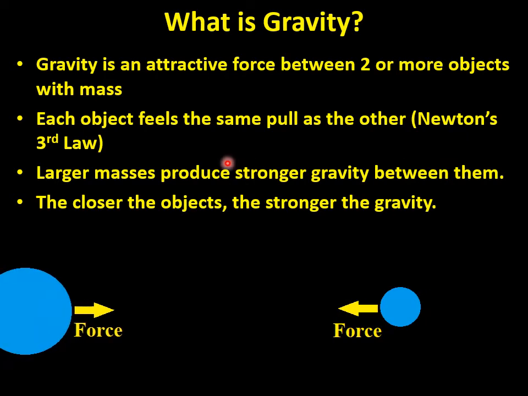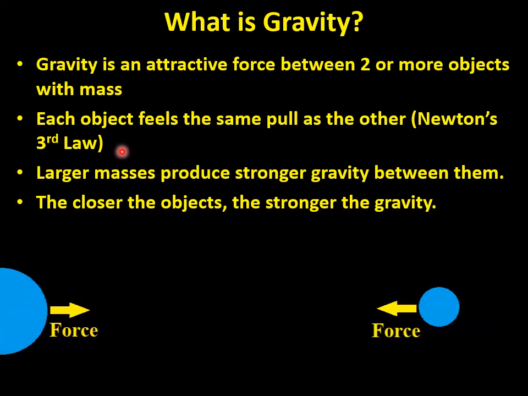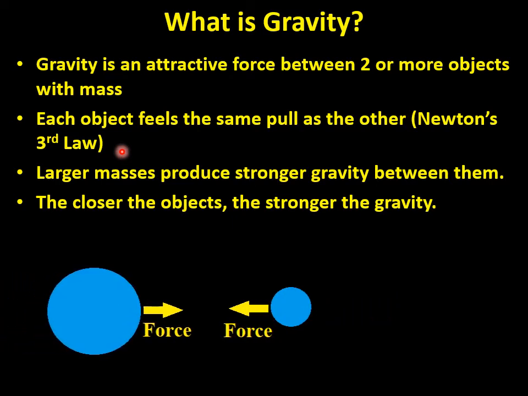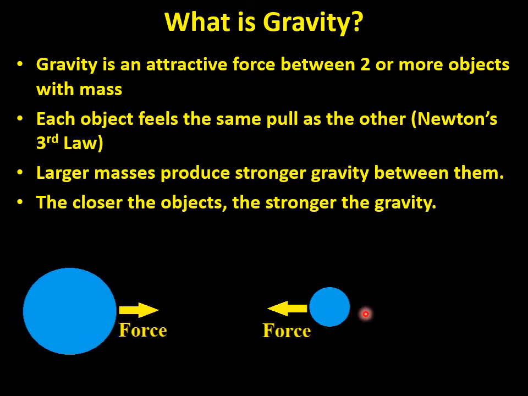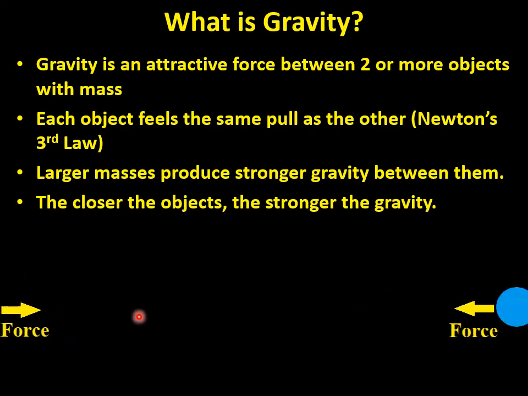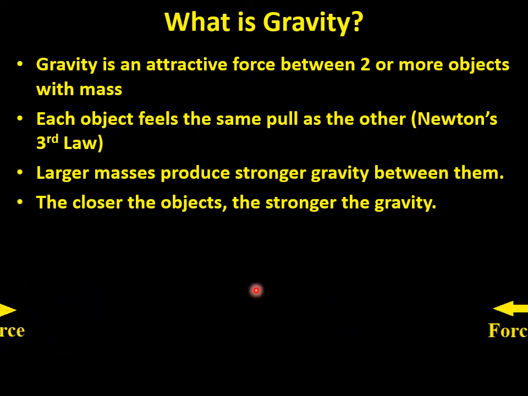This is a consequence of Newton's third law. Remember that for every action, there is an equal and opposite reaction. So if object A is pulling on object B, then object B is also pulling on object A, and those two forces are equal and opposite.